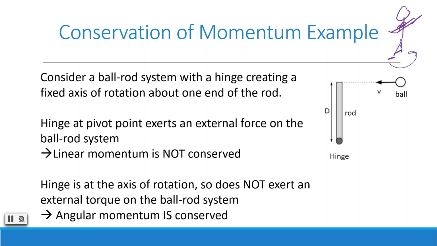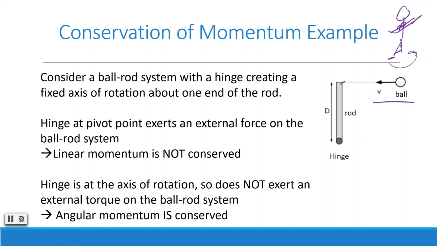So in this case, we have both the possibility for linear momentum and angular momentum. This is like the hardest type of situation that you can picture because you have both types possible. This ball is moving in with a linear momentum.